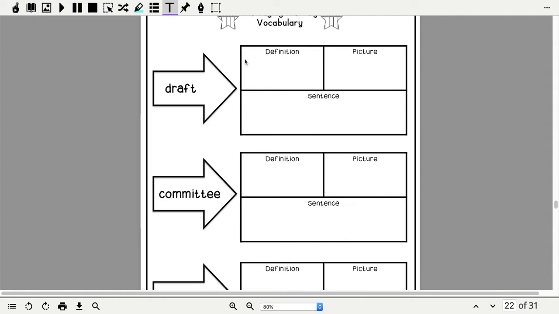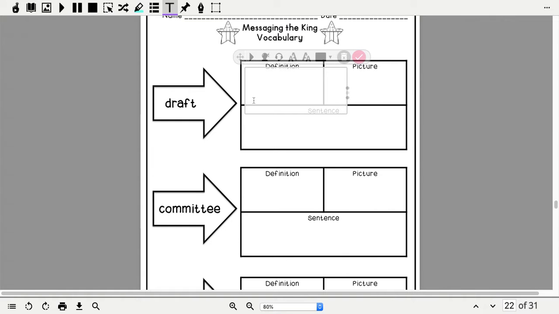Okay. So now I'm down here to the word draft. Now, these words are in Messaging the King. So we have to figure out what the word draft meant. And it says Thomas Jefferson's first draft is almost perfect. Well, he had a first draft, just like you have a first draft when you're writing. Okay. So how do we explain what draft is?